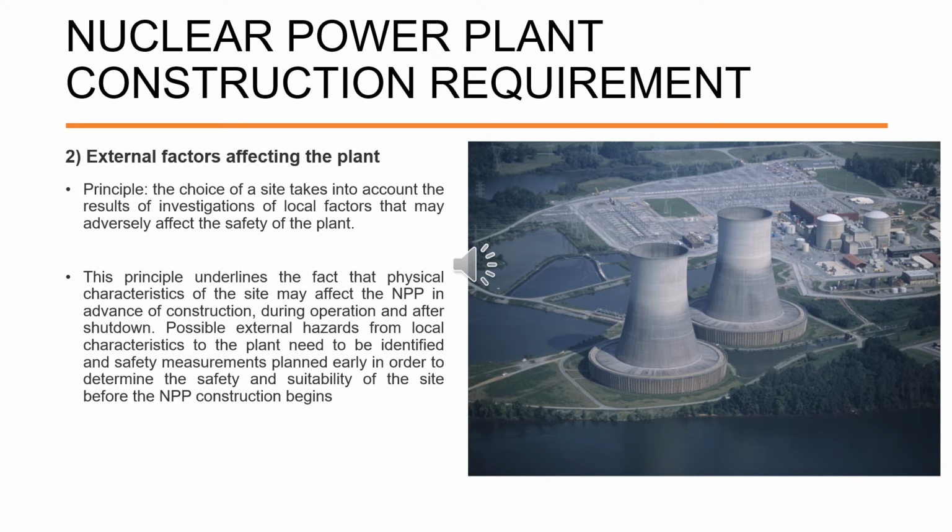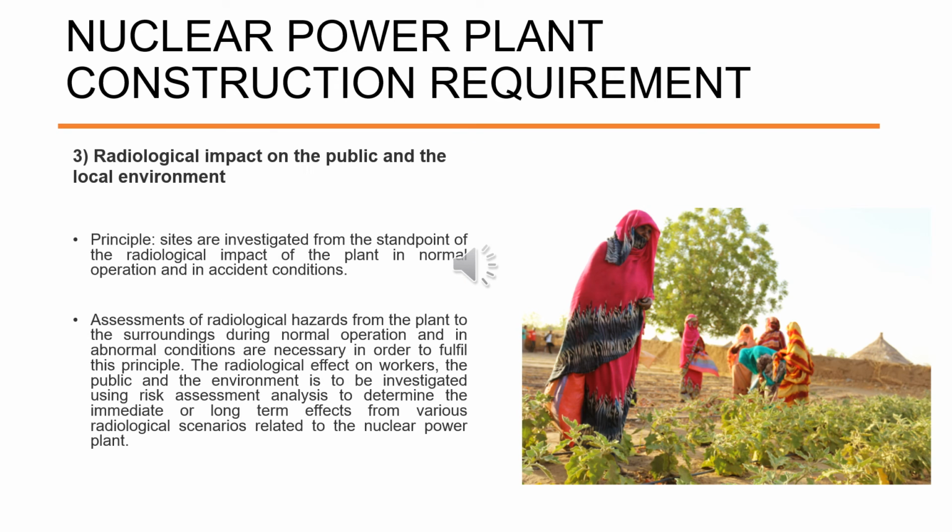Number two is external factors affecting the plant. Possible external hazards from local characteristics to the plant need to be identified. Safety measurement is planned early in order to determine the safety and suitability of the site before the nuclear power plant begins. Number three is radiological impact on the public and the local environment.